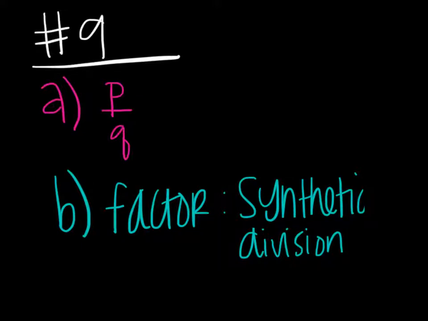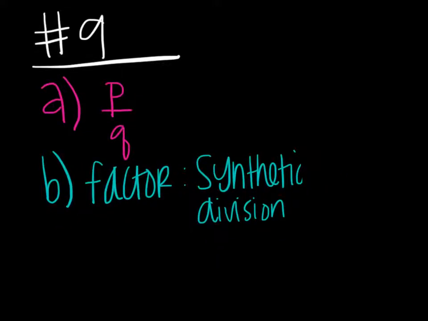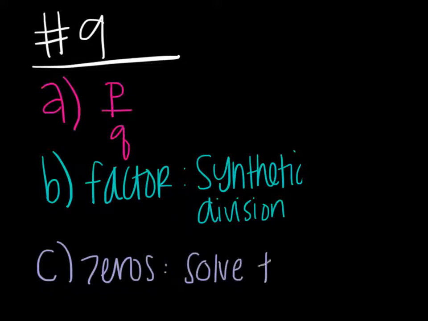And for C, we are finding the zeros, and in order to find the zeros, you solve the factors equal to 0.